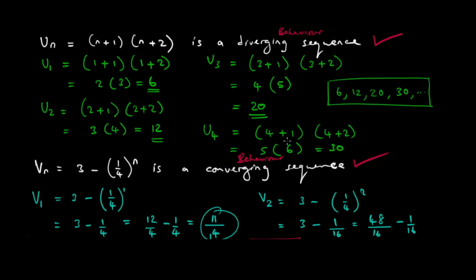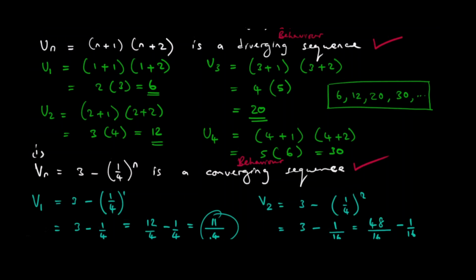Let us now go to the second part. So this was part 1. Let us now go to the second part. The second part says express un plus 1 plus un in terms of n, simplifying your answer. So we are being asked to express un plus 1. This is 2 marks.